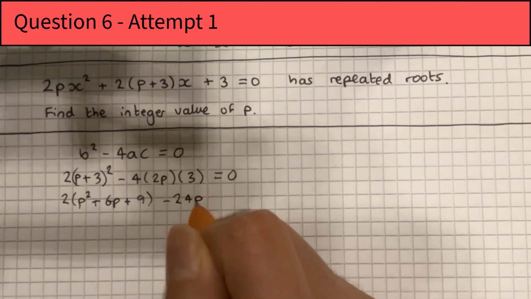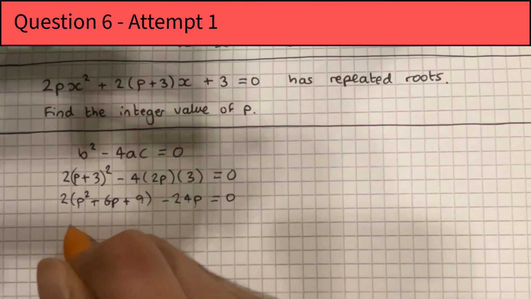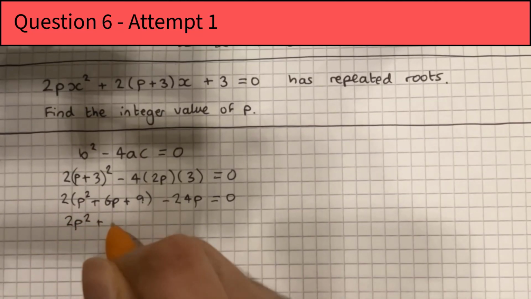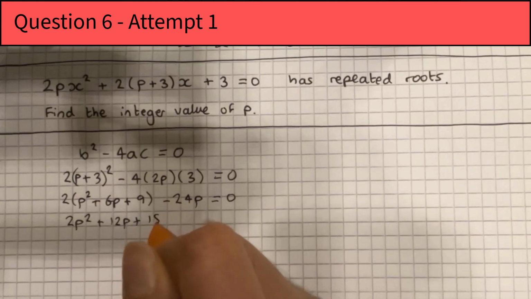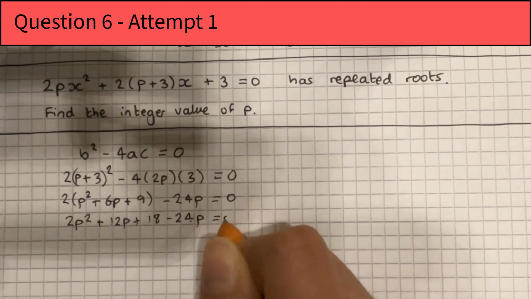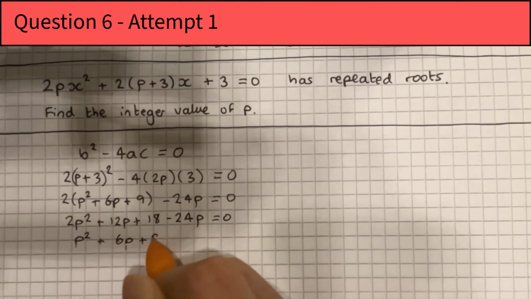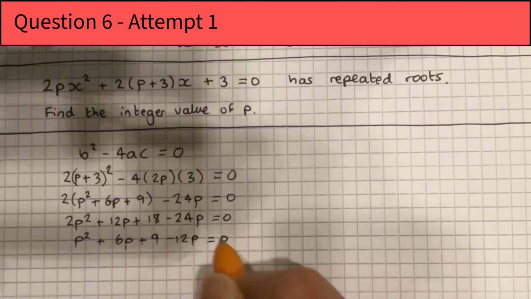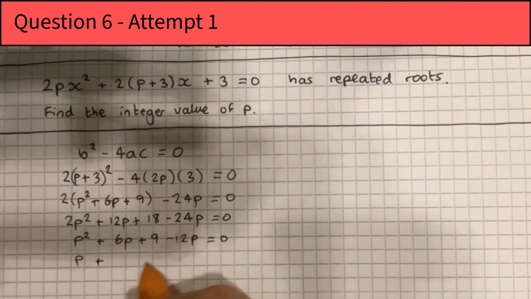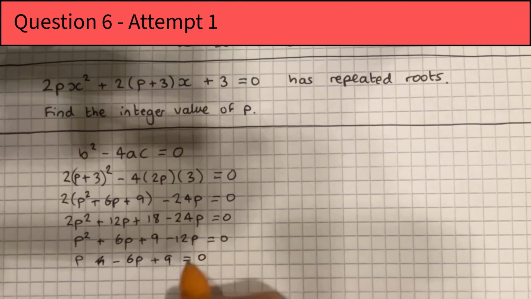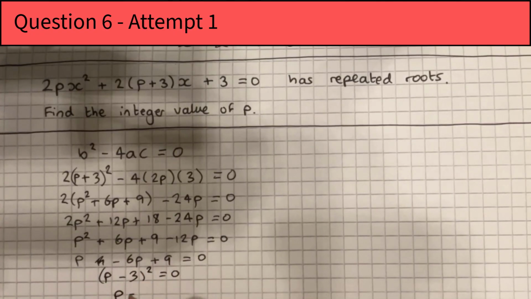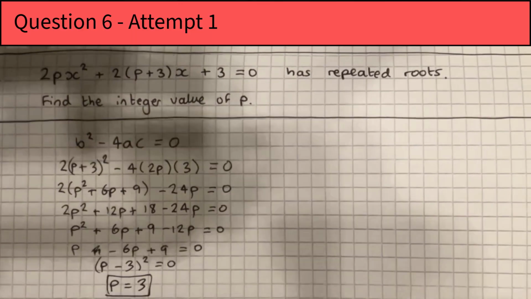And then 4 times 3 is 12 times 2 is 24. If I expand this out, I get 2p squared plus 12p plus 18 minus 24p. And then I can divide by 2, might as well. And then those p terms, they go together. I get minus 6p. That doesn't count as a mistake, that plus. And then this factorizes, and we get p equals 3. What a nice solution, which you can just about see at the bottom.